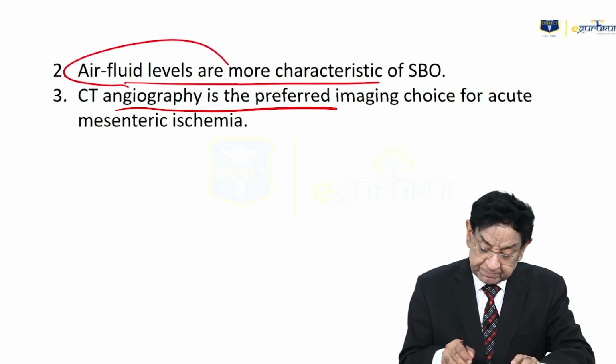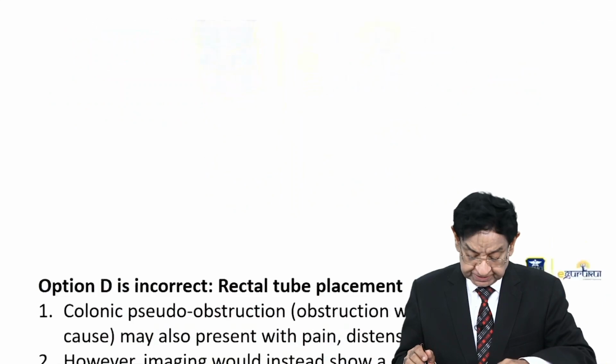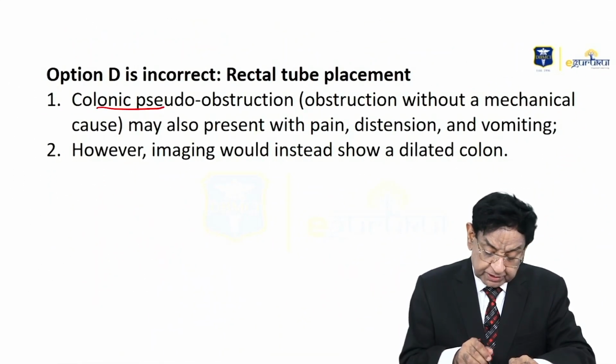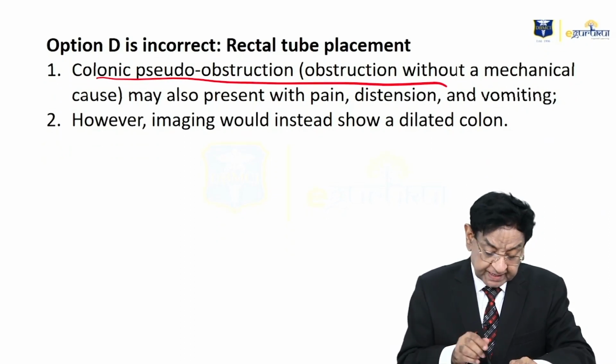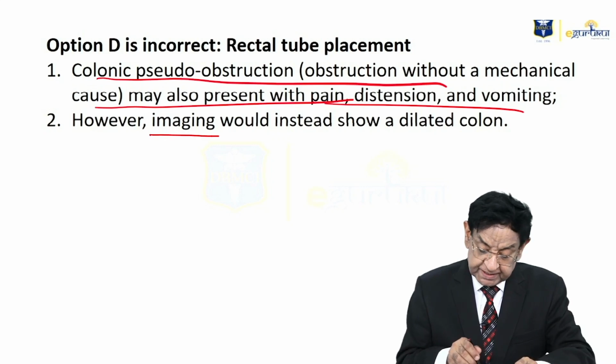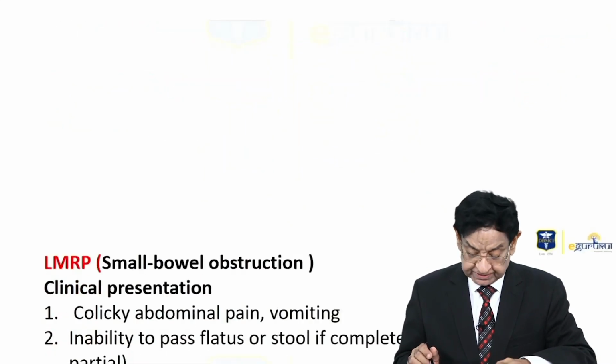CT angiography is preferred when there is acute mesenteric ischemia, which is not the case here. Well, rectal tube placement, this is for colonic pseudo-obstruction. Obstruction without a mechanical cause may also present with abdominal pain and vomiting. Imaging would show a dilated colon, which is not there in our case.